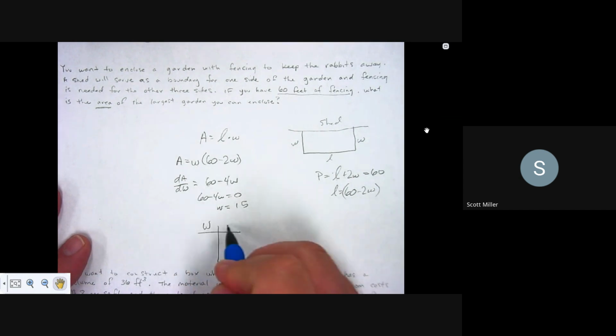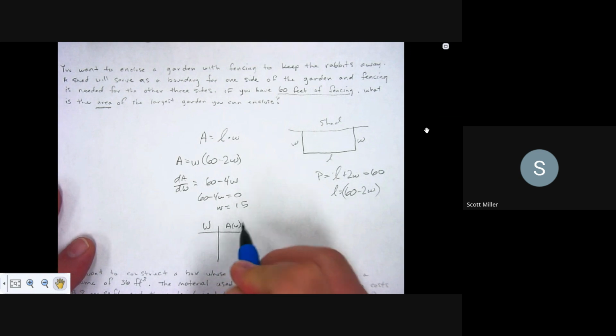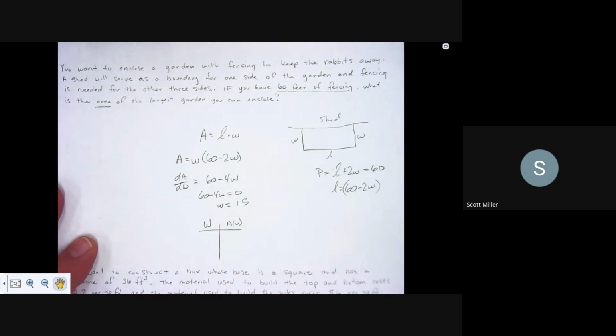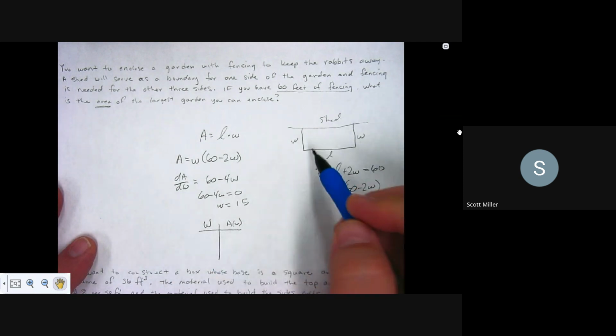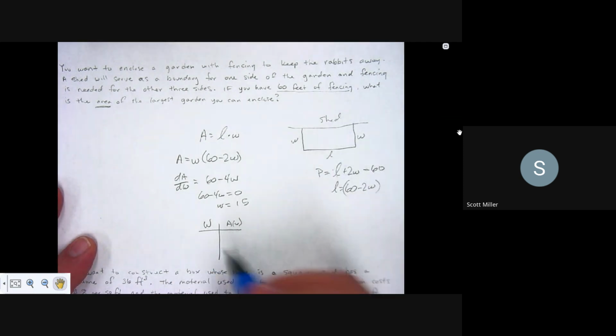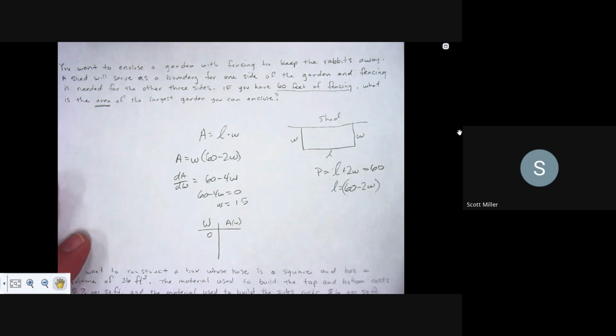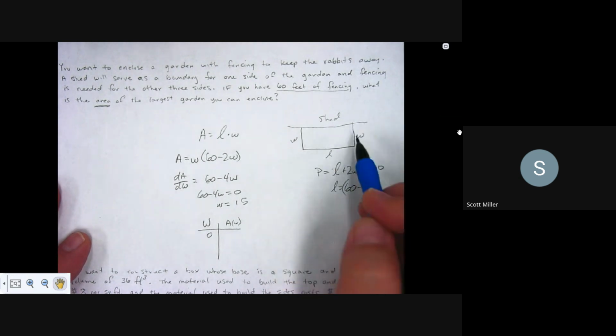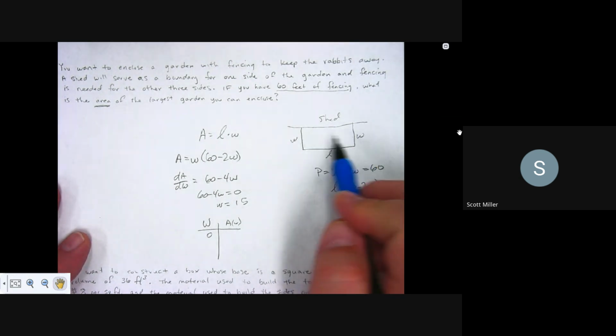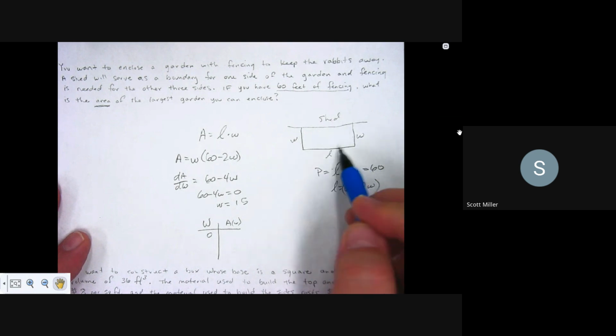So, candidates test. Here's my W. What is my A for this W? Well, the smallest value of W I can possibly have would be 0. And the largest possible value I could have, since I have 60 feet of fencing, is each of these W's could be 30, meaning there's no length at all.